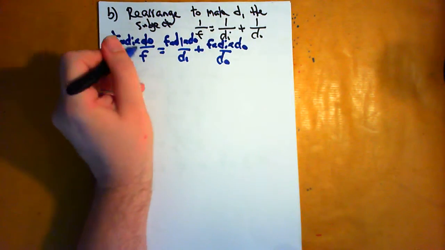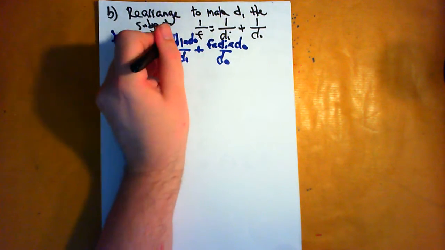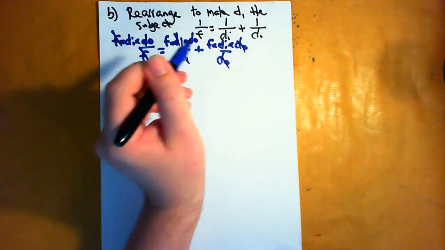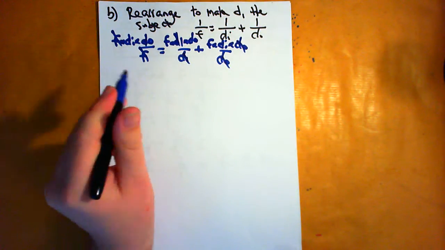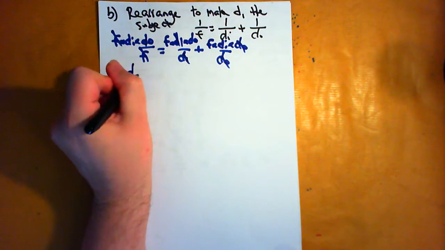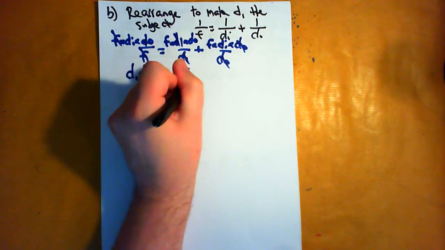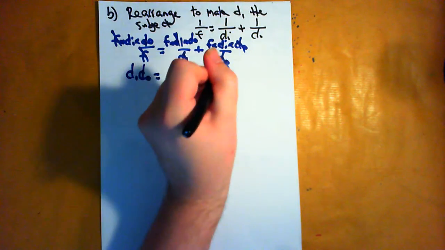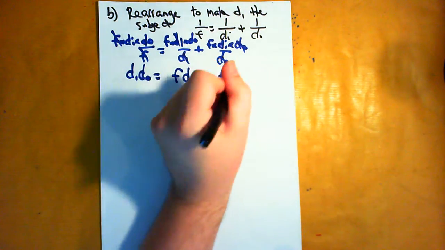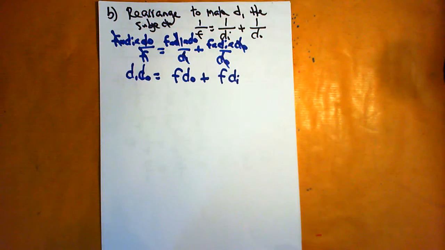Okay, so here we've got the f's cancelling, the di's cancel, the do cancels. So what have we got? We've got di do equals f times do plus f times di. So that cleared everything on the denominator, that got rid of it being a fraction.